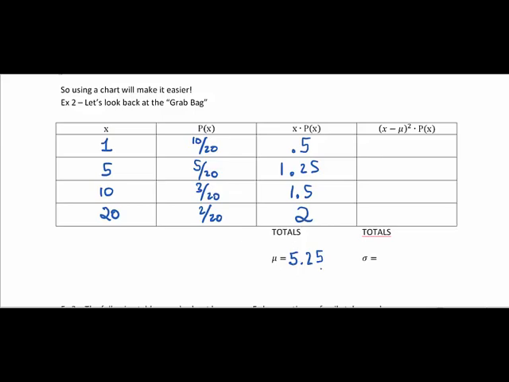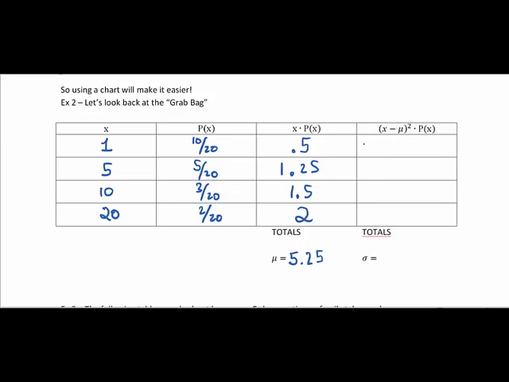Now, this average is incredibly important because remember from our previous lecture that mu means average, and it gets the Greek letter because this is the theoretical average. We are going to take our x, which is our event, subtract our average, and then square it. And then multiply that by the p of x. So it's a lot going on just for this column here.